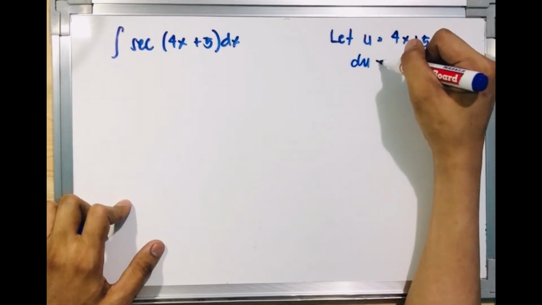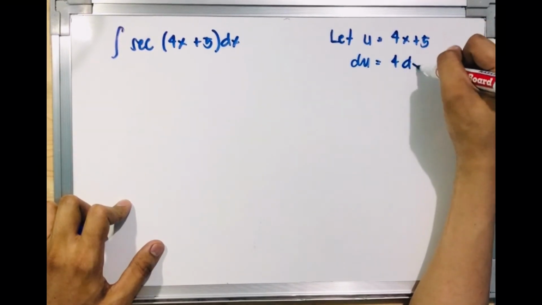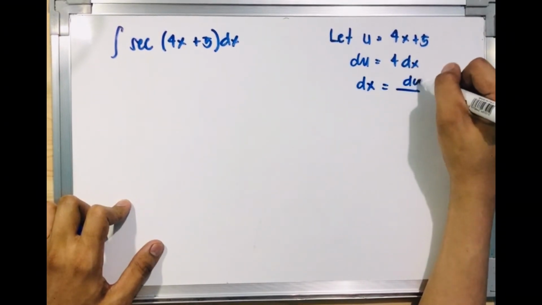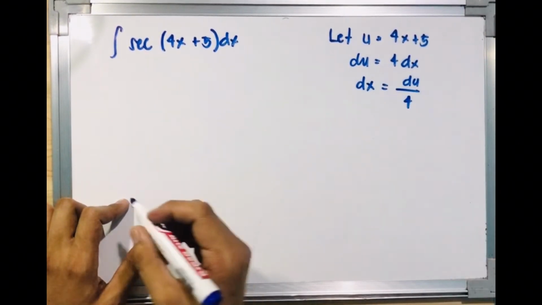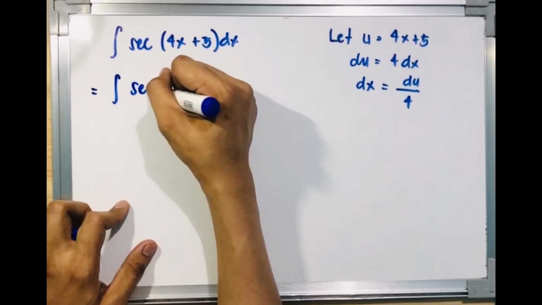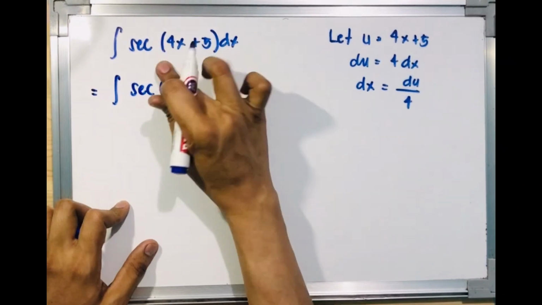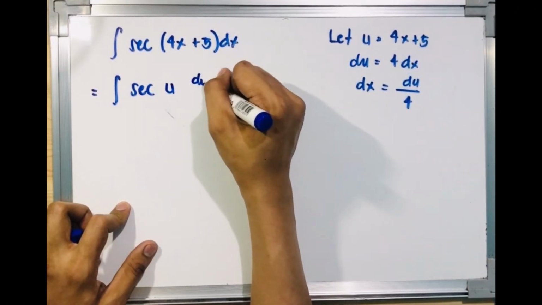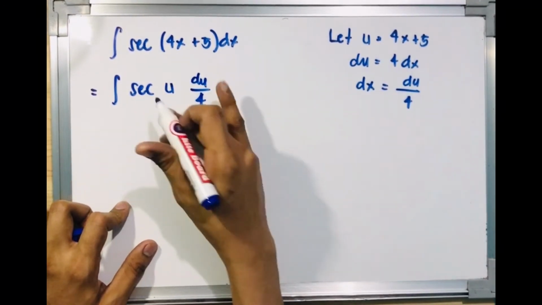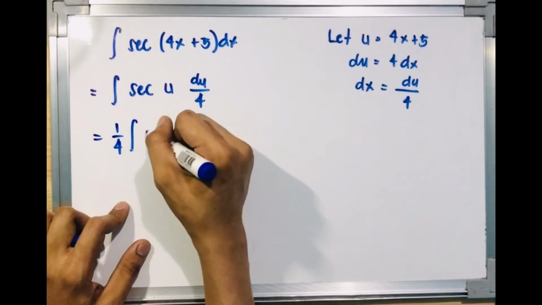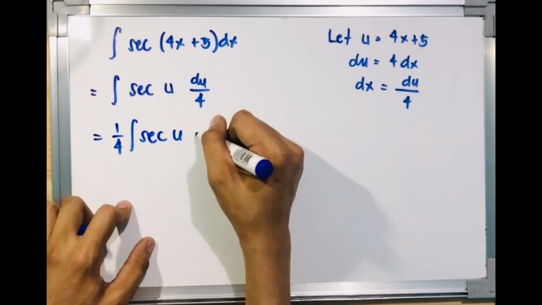Therefore, our du is equal to 4 dx, and our dx is equal to du over 4. Okay. So, i-substitute natin agad. Integral of secant u, dx is du over 4. So, gagawin lang natin is ilalabas natin yung 1/4, and then the integral of secant u du.